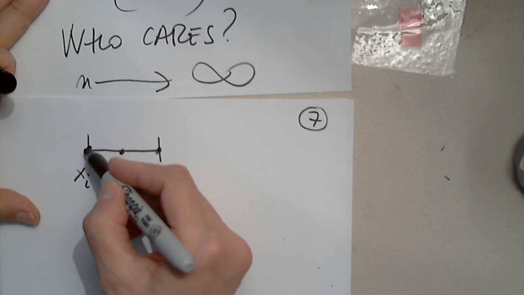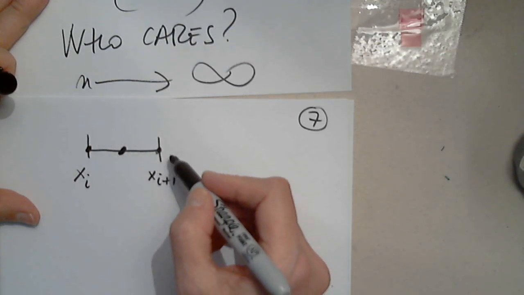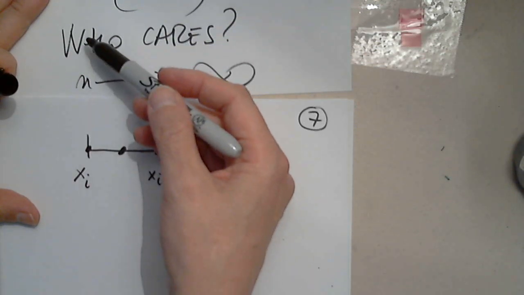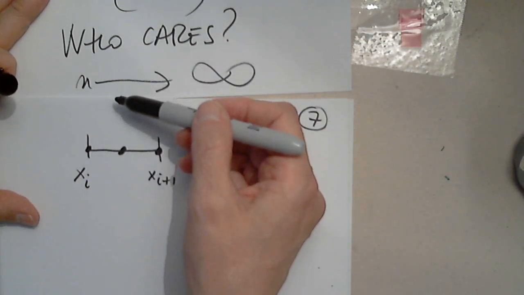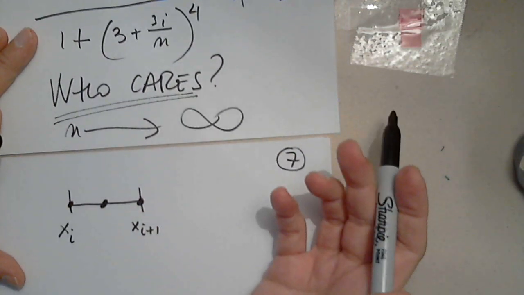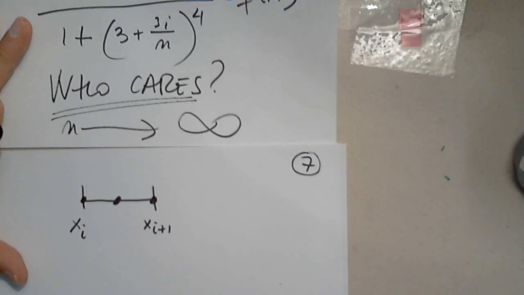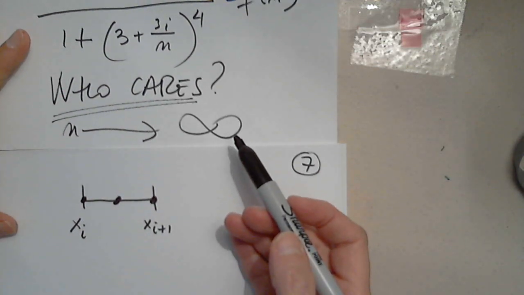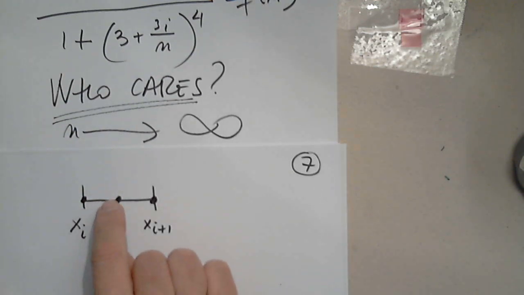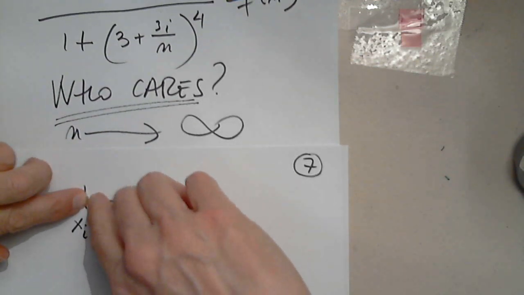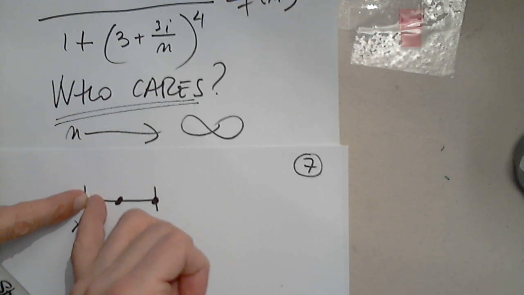Do I use the leftmost point, the rightmost point as the height, or the midpoint? The question is perfect, but who cares? They're infinite. So these 3 points are so close to each other, they're probably the same.